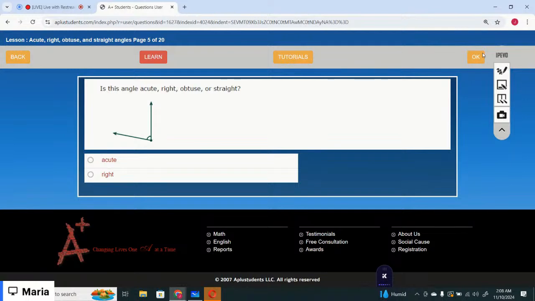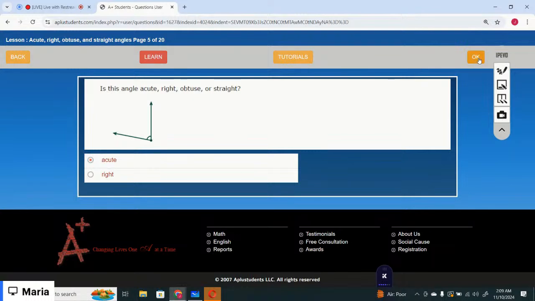Is this angle acute, right, obtuse, or straight? So, which is the correct option? The correct option is, no, this is not the right angle. This is the acute angle, that is less than 90, right?